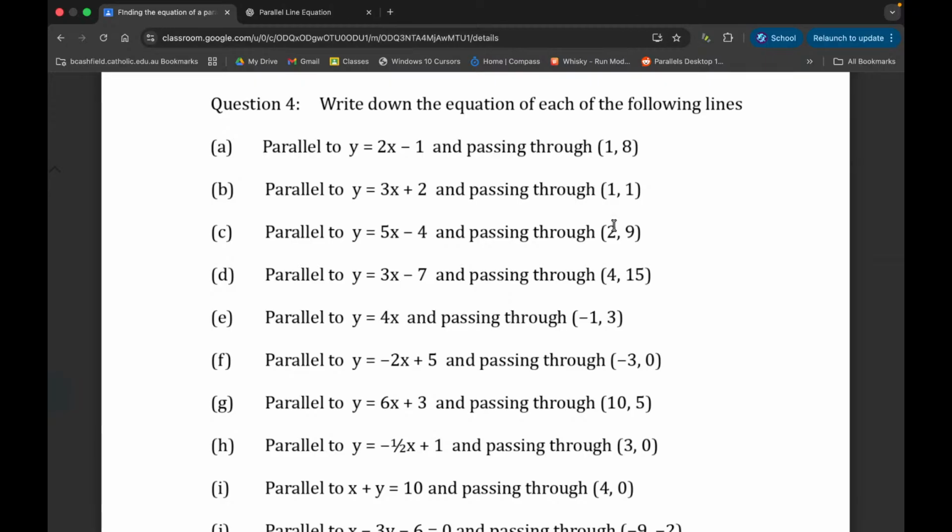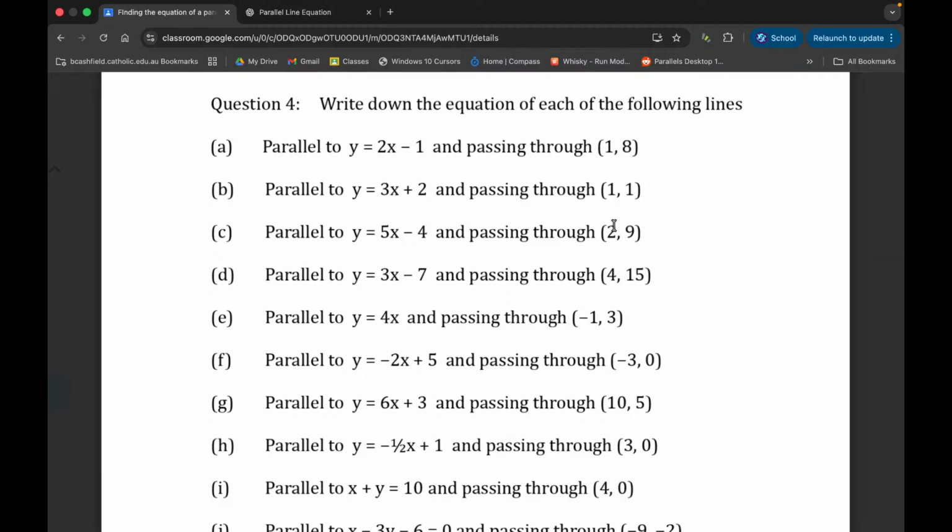So what is that? 9 equals 10 plus c. And then it's just the standard thing. So then do 10 minus 9. Yeah, you get 1.